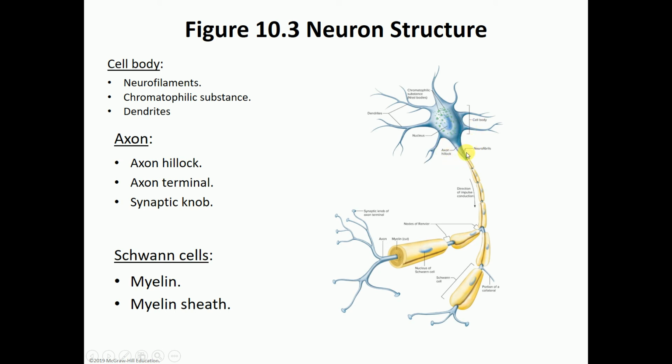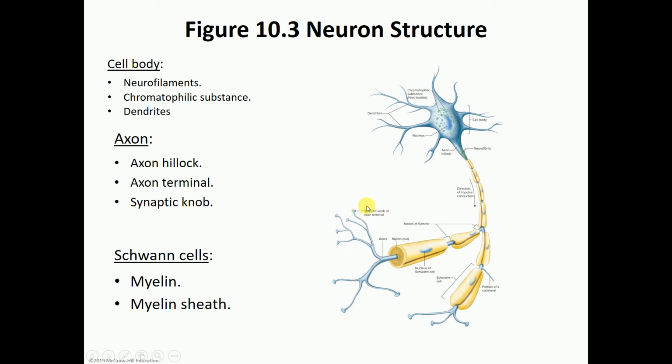And when we talk about how the action potential is generated in the neuron, we will definitely be mentioning the axon hillock. You can also see at the very end of the axon, there are these little parts, and those are known as the synaptic knobs, found at the axon terminals.